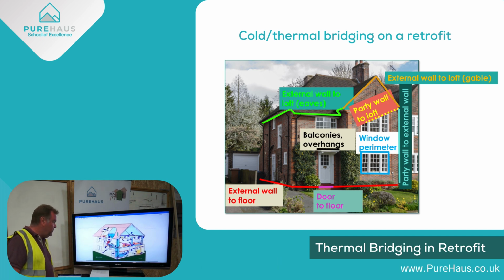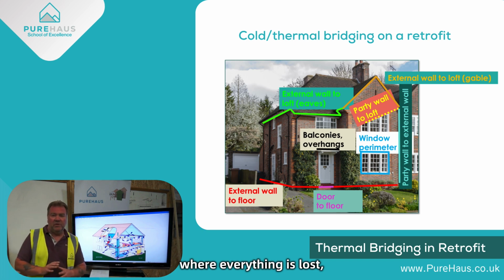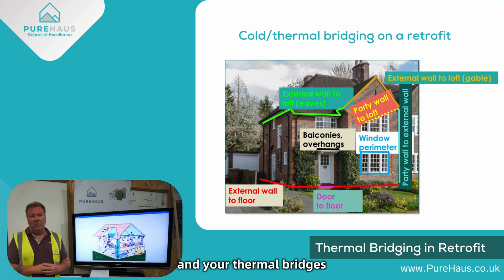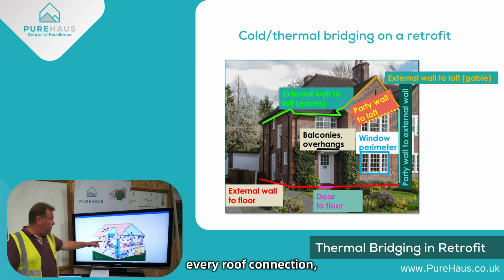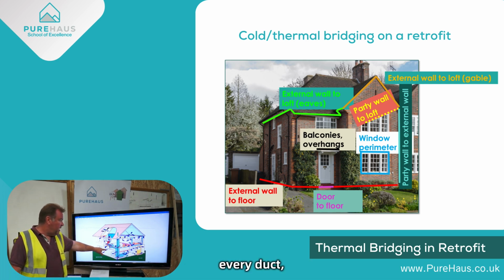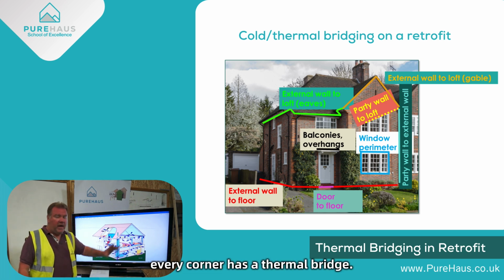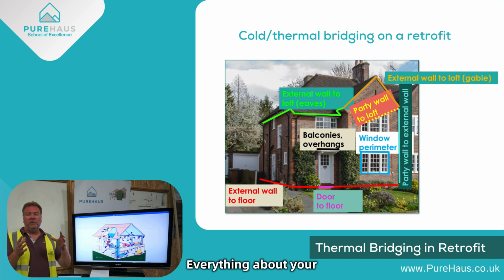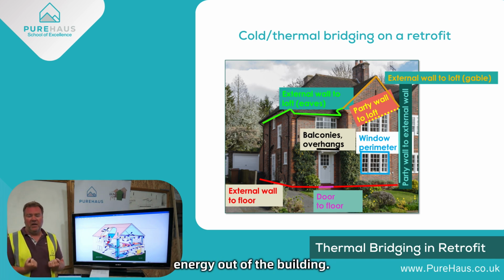So this will show where everything is lost, where your thermal breaks are and your thermal bridges are for your retrofit. Now, every roof connection, every duct, every corner has a thermal bridge. Everything about your existing houses is sucking energy out of the building.